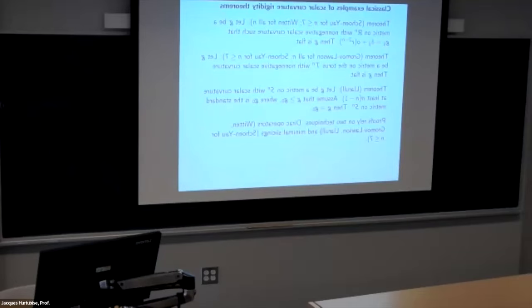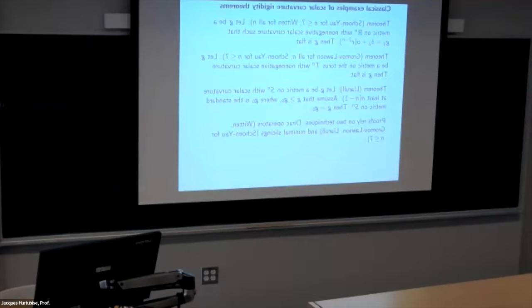There's a closely related theorem, which was conjectured originally by Dirac and also proved by Schoen and Yau up to dimension 7. And this was proved by Gromov and Lawson in all dimensions.